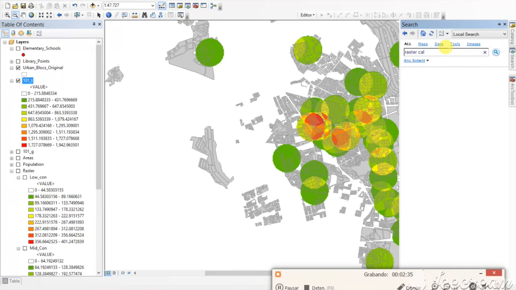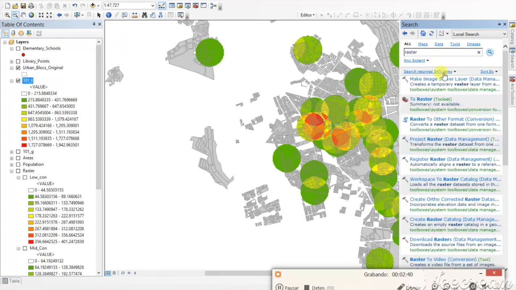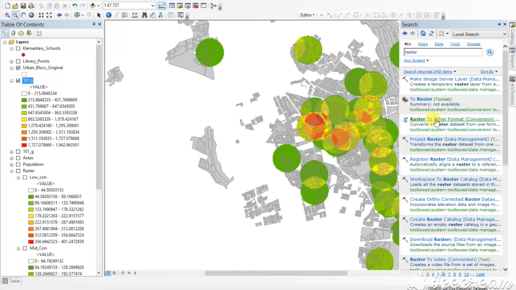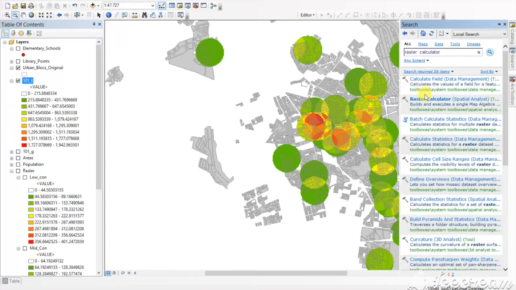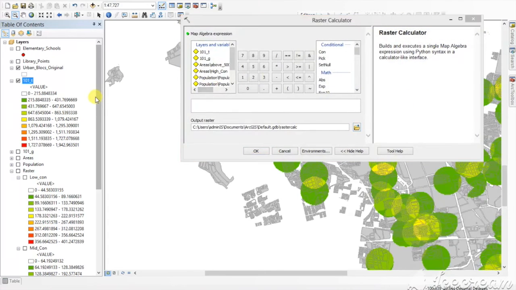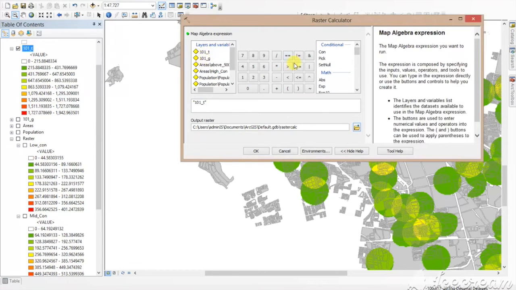The difference between the vectors that we usually use in ArcMap and raster is that raster are pixels. They are not physical entities per se. They are more like images that need to be distinguished. So the raster calculator allows us to separate and isolate the values that we are interested in.